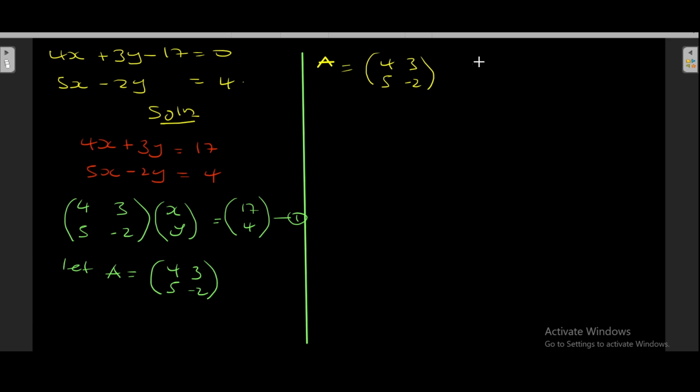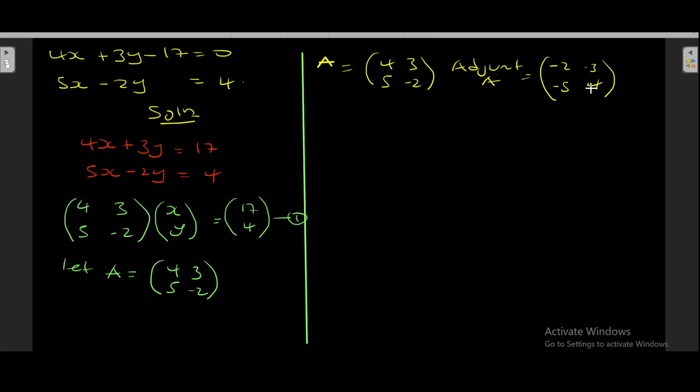To get the adjoint of A, what we do, we change position of the major diagonal numbers, negative 2 and 4, and we change signs of the minor diagonal numbers, negative 3. In this case, these are positives, they're going to become negatives in our adjoint.